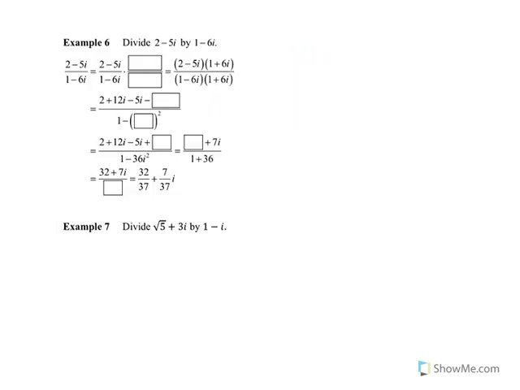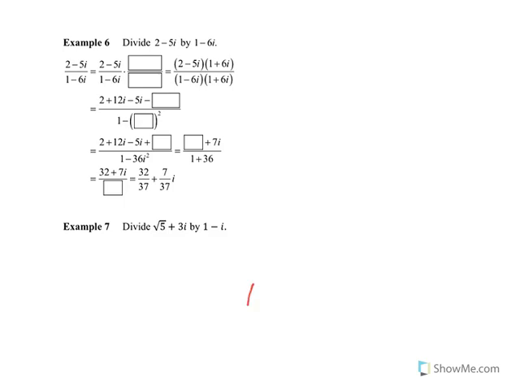We're going to use conjugates to help us simplify division because we don't want to have imaginary numbers in our denominator. So we can use conjugates to eliminate those denominators that have imaginary numbers. So I want to divide 2 minus 5i by 1 over 6 minus i.